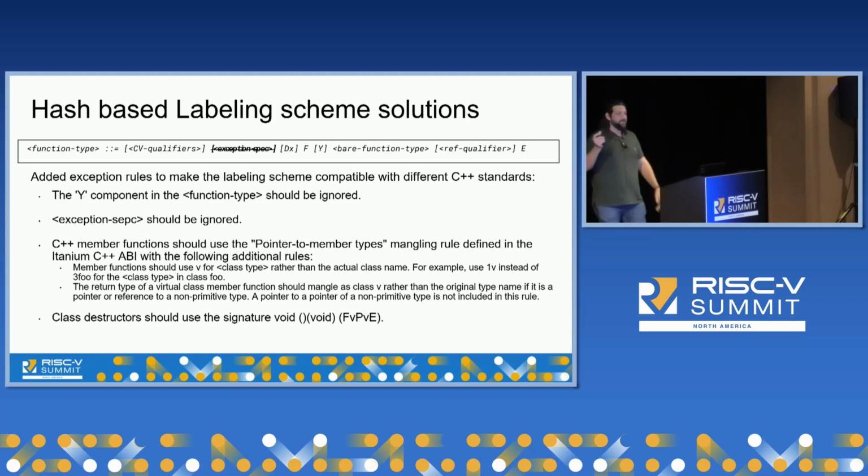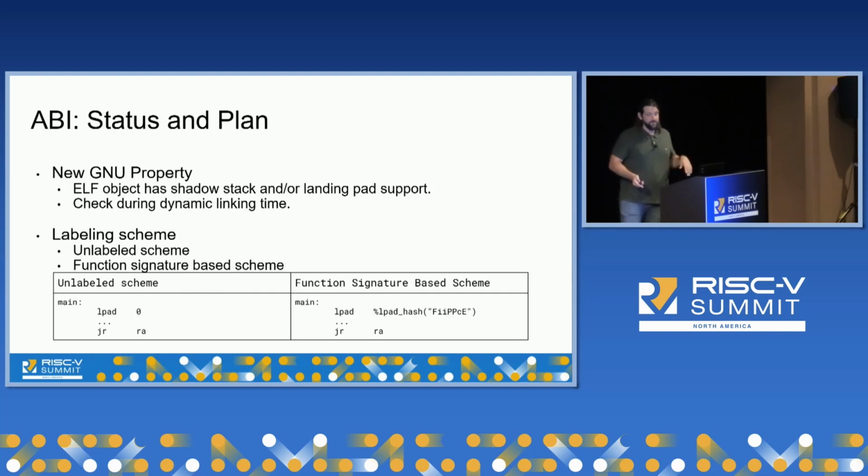So instead of having the class name inside the mangled symbol, you should use the void type in order to have a similar thing across different inherited classes. And then class descriptors, again, should use the function with void argument in order to be similar, because it's the same function type for nearly every object.